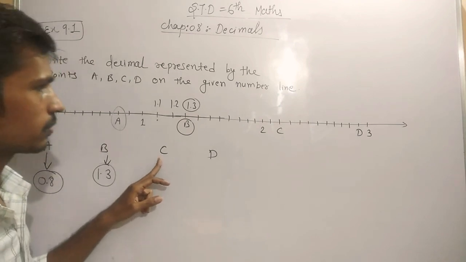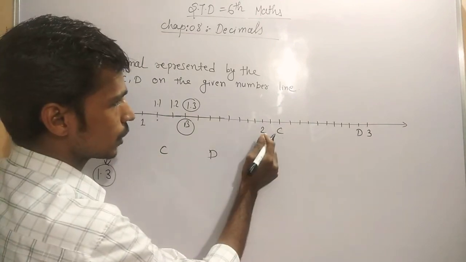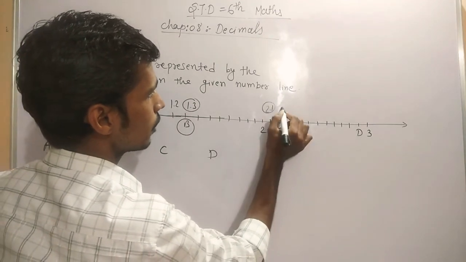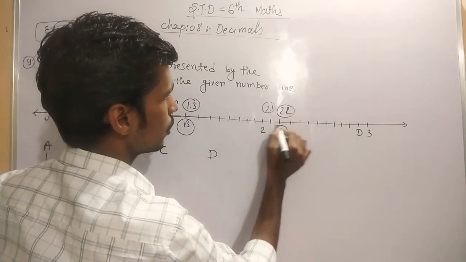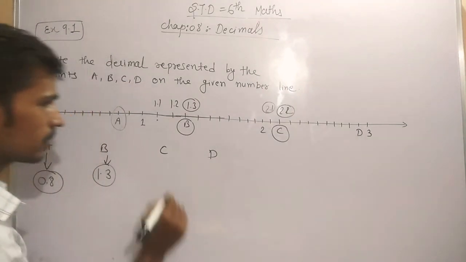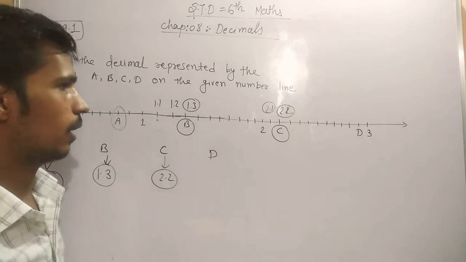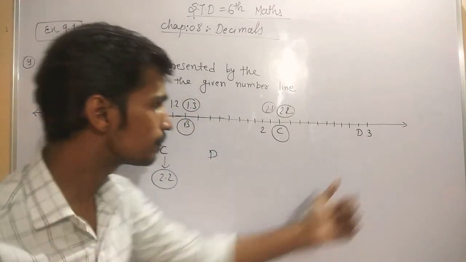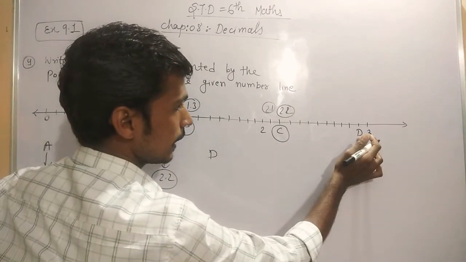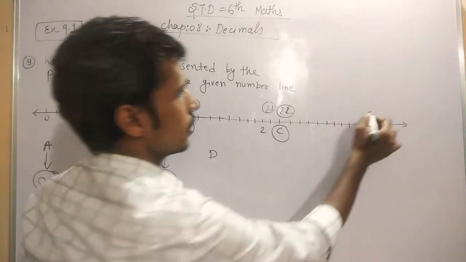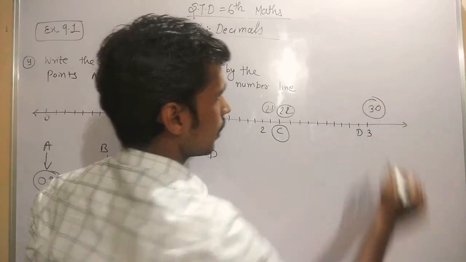Now C's turn. C is after 2. So after 2, 2.1, 2.2. So C represents decimal 2.2. Now the last one, D. D is nearer to 3. We know that 3 is 3.0.